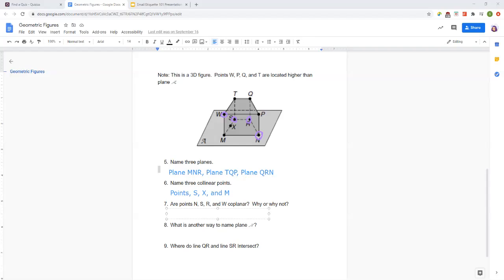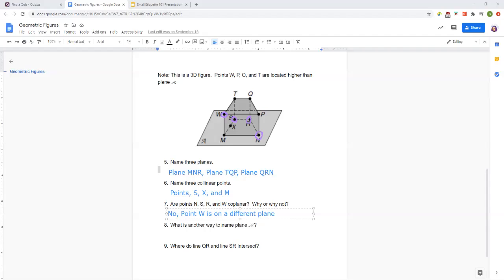So you could say something like, no, point W is on a different plane. You could get more technical and say points S, R, and N are coplanar. However, W is located above them and is on a separate plane. You could get really detailed with it if you really wanted. But this I would have accepted for full credit: no, point W is on a different plane.